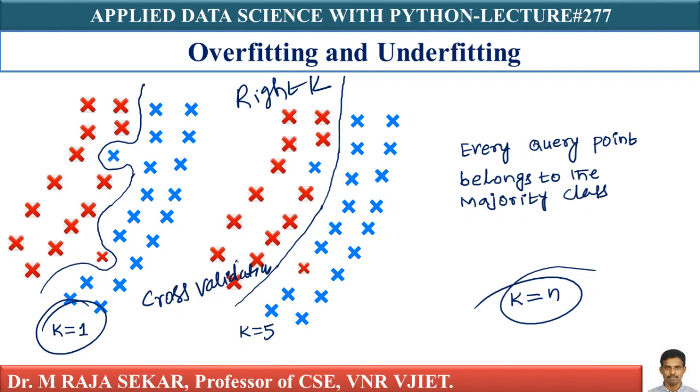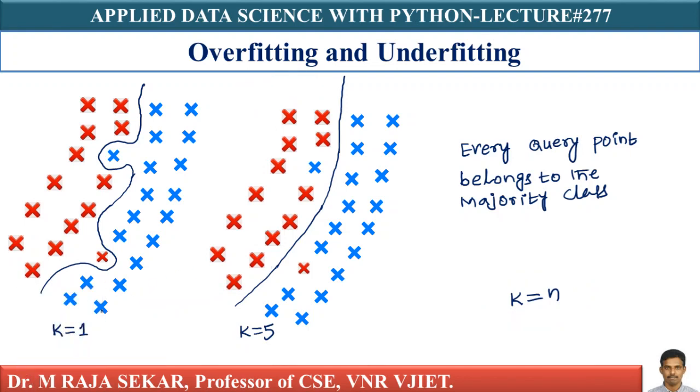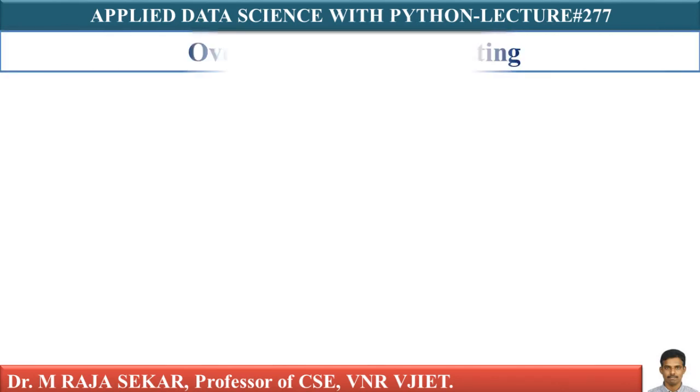This is the struggle in machine learning that we all have to live with throughout our life. Those who are working in machine learning or data science, go through this lecture and try to understand what is overfitting and what is underfitting.